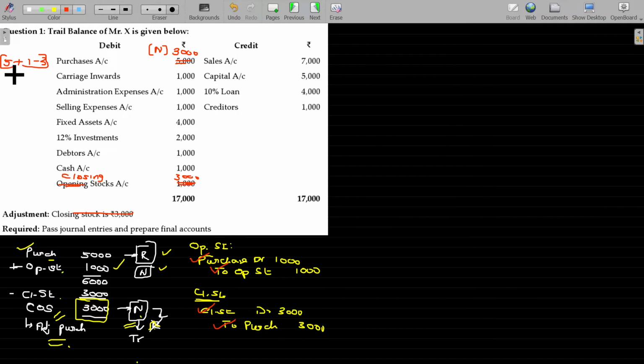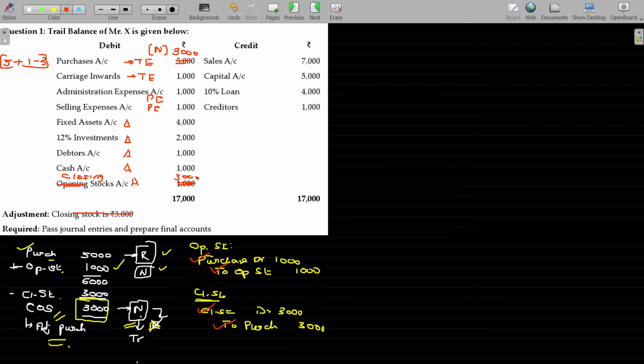Let's see now. I am going to again pass a transfer entry and then prepare the ledger. While passing the transfer entry, purchases, where will it go? This will be trading expenses. Carriage in, trading expenses. Administration, P&L account expenses. Selling, P&L account expenses. Fixed assets, investment, debtors, cash: assets.